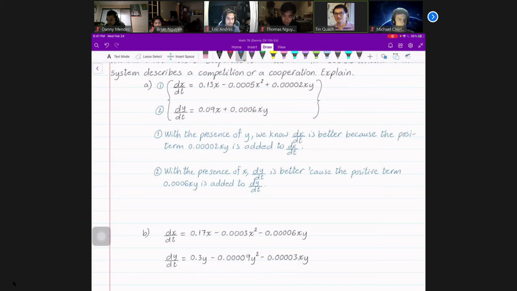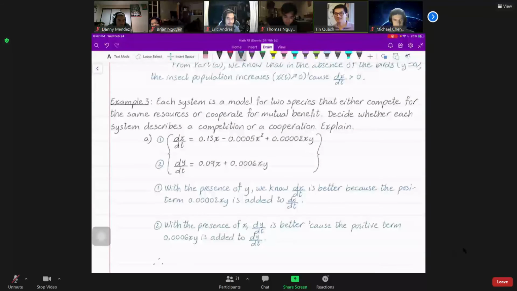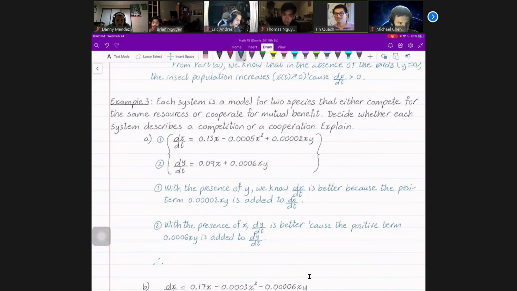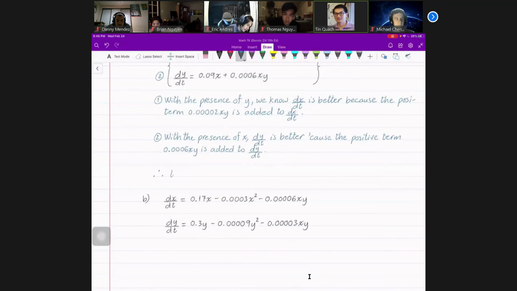So in this case, what can you tell me about this model? Competition or cooperation? Cooperation. Therefore, this is a cooperation model.